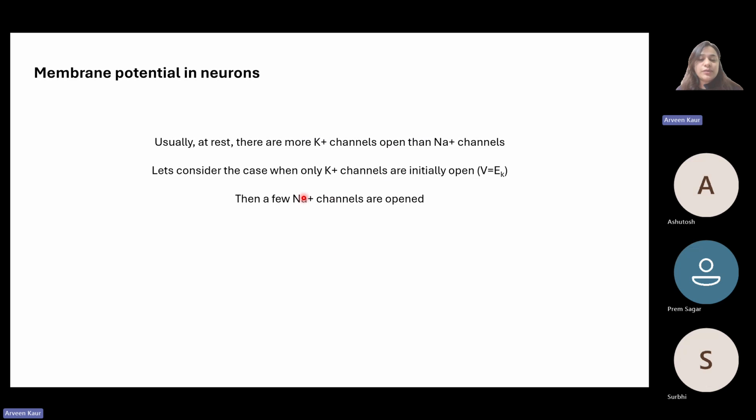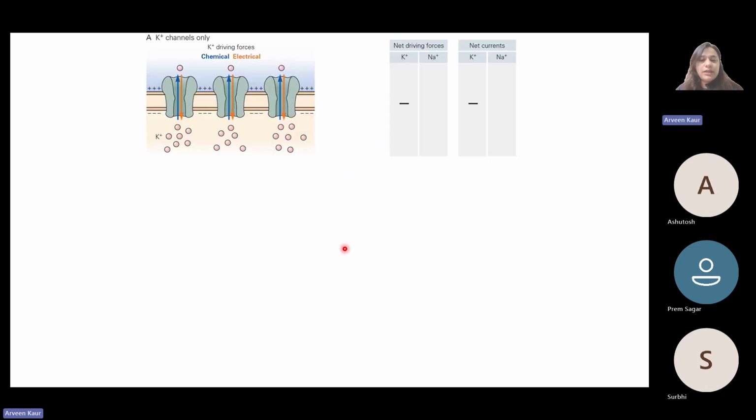So then a few sodium channels also open up. Then what happened? The K plus channels are first only open, right? So the net driving force is potassium, right? And the chemical driving force is towards outside and the electrical driving force is towards inside, as you can see by these colored arrows denoted over here, right?